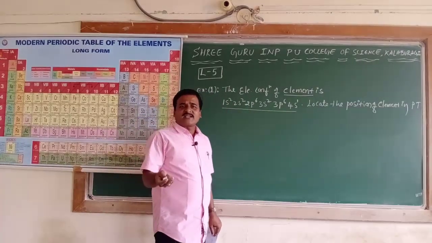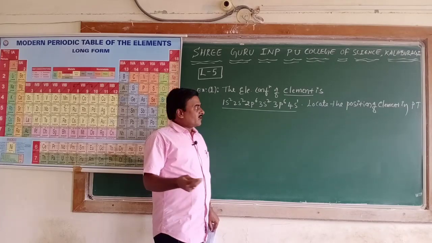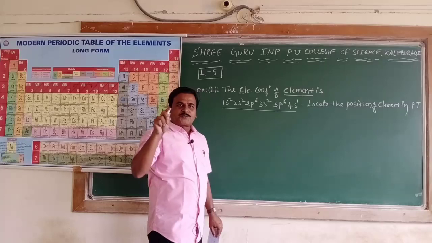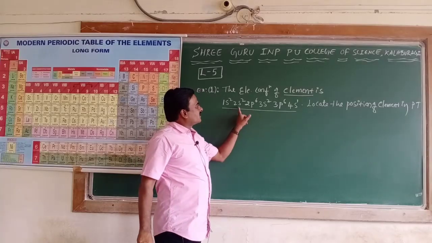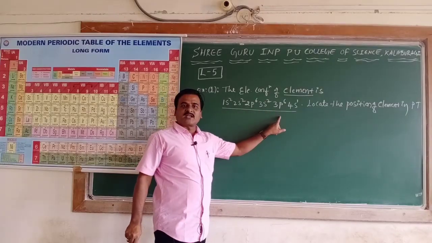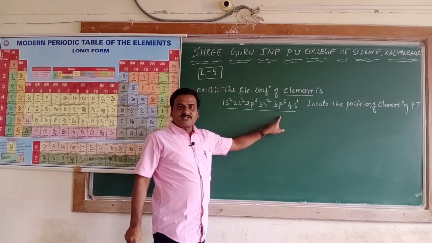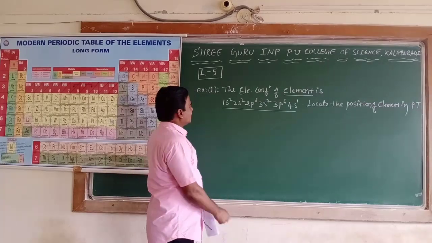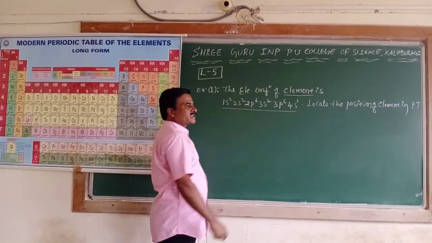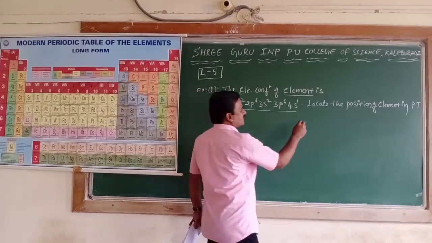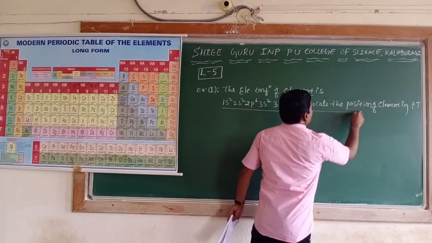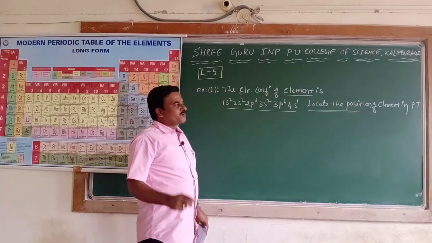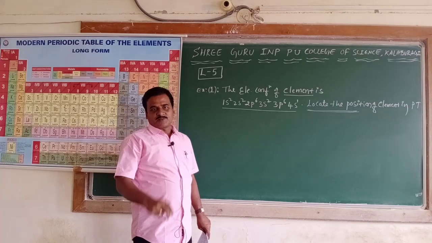If you are perfect with electronic configuration, you would have predicted which element this corresponds to. They asked us to find the position of the element in the periodic table.